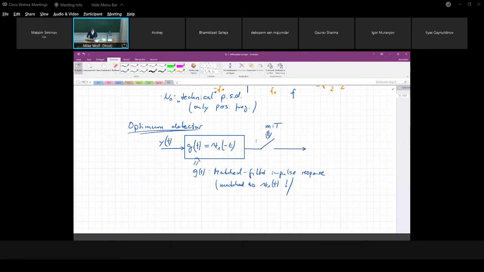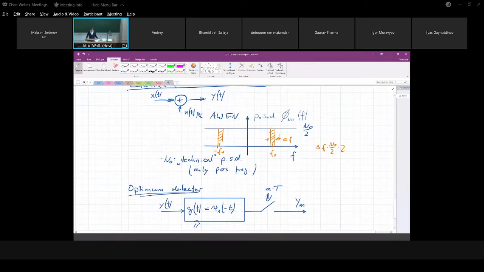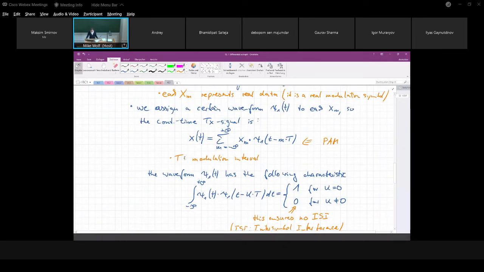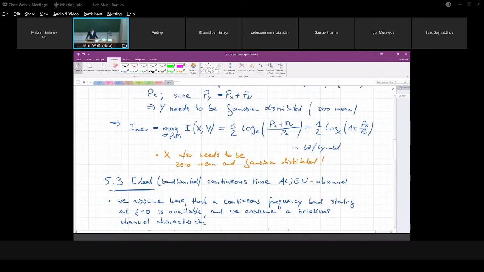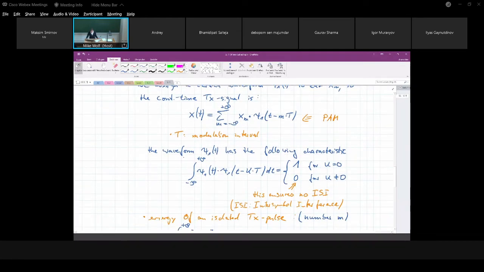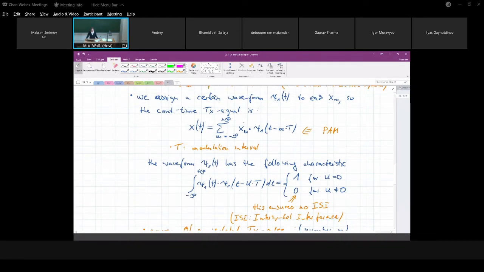So what we receive here, let's denote this as Ym. And now you understand. Look, we transmit Xm here. If you want, you can draw a figure for one symbol. It looks like this.